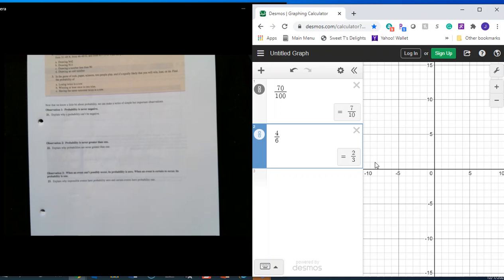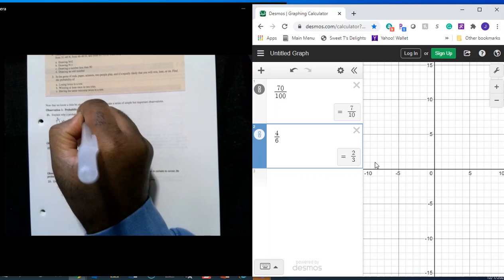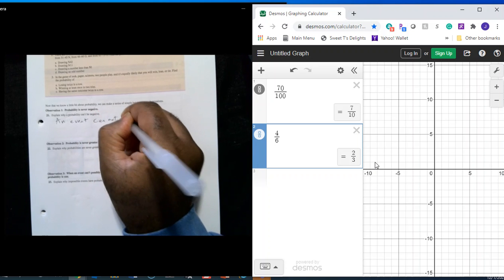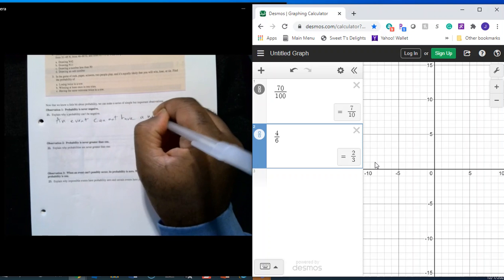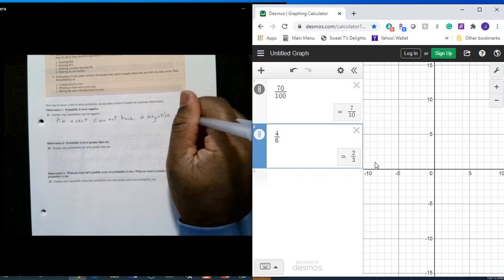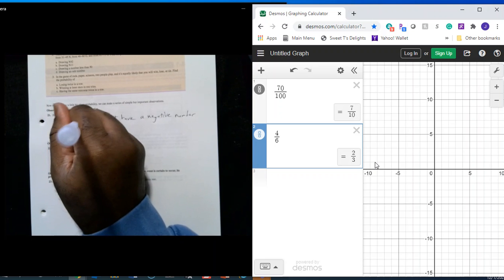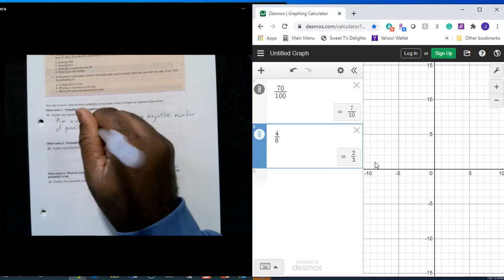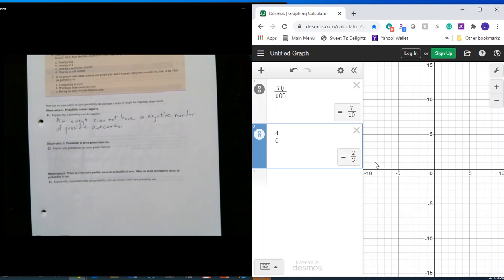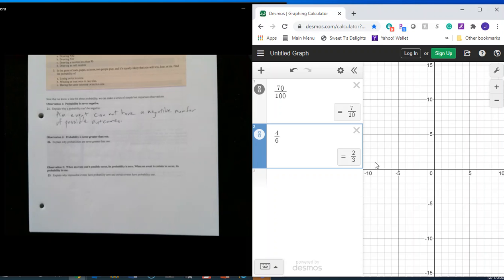Explain why probability can't be negative. An event cannot have a negative number of possible outcomes. It can have 0 at the lowest, but not negative.